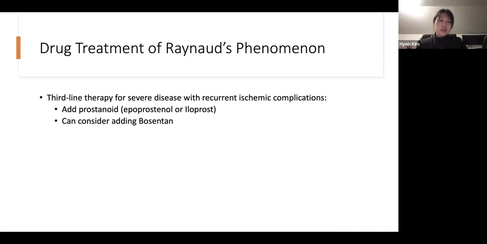And in those cases, we sometimes add a prostanoid, which is what we call epoprostenol or iloprost. These are IV medications and require hospitalization, and not just in a regular bed. Often this needs to be in either the ICU or a high acuity unit in hospital. At least in Canada, that's the case.